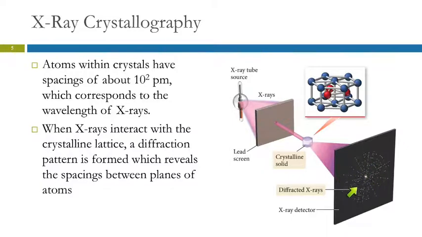And we get a pattern of X-rays where they have been constructively interfered with, and so there's a larger signal, and destructive interference where there's no signal or a reduced signal. Analyzing this pattern is rather complicated, but computers make this a lot easier. And by analyzing this pattern, we can get information about the spacing between the atoms.